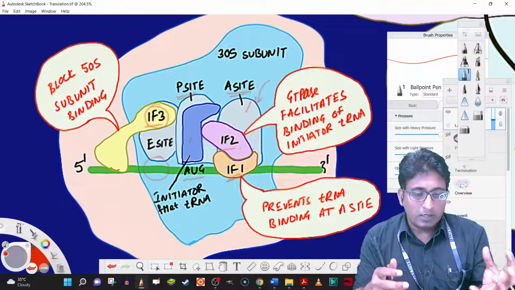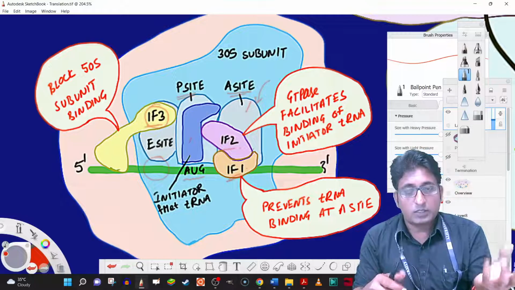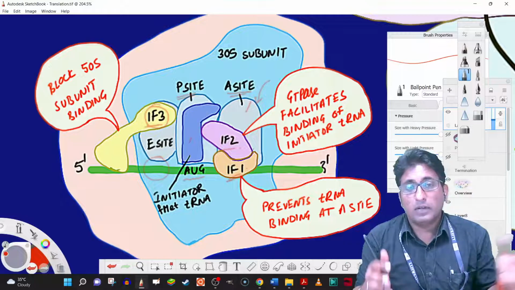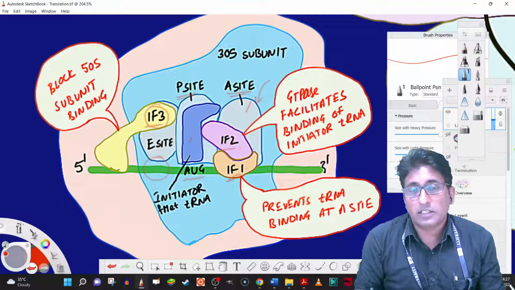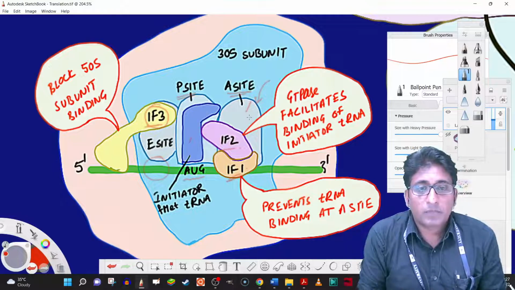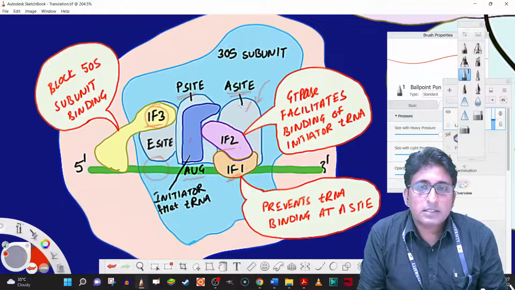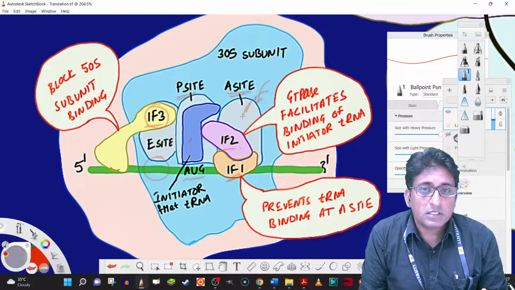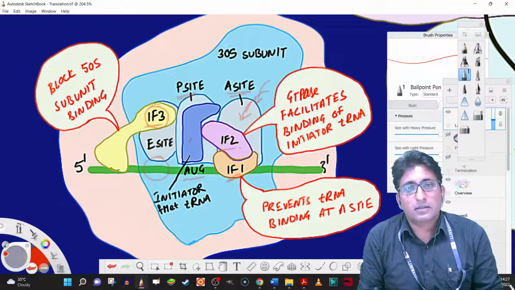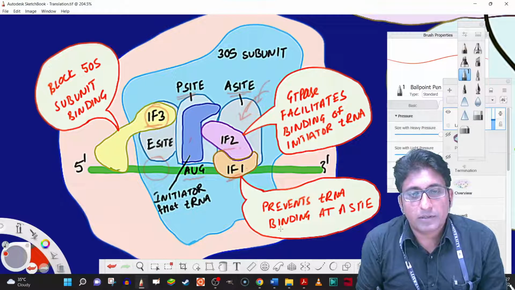And as we understand it, the ribosome, when it is reading the open reading frame, will have to accept several tRNAs coming from the outside. So you can assume that the A site has some affinity for tRNAs, because of which there is a probability that a tRNA might come into the A site, and that should be prevented.